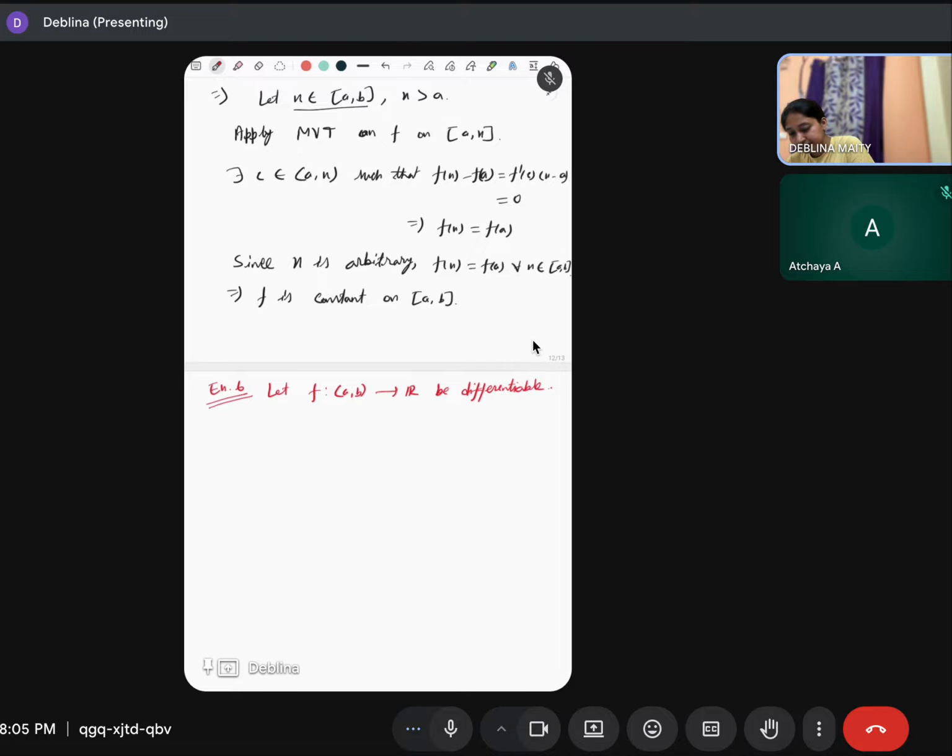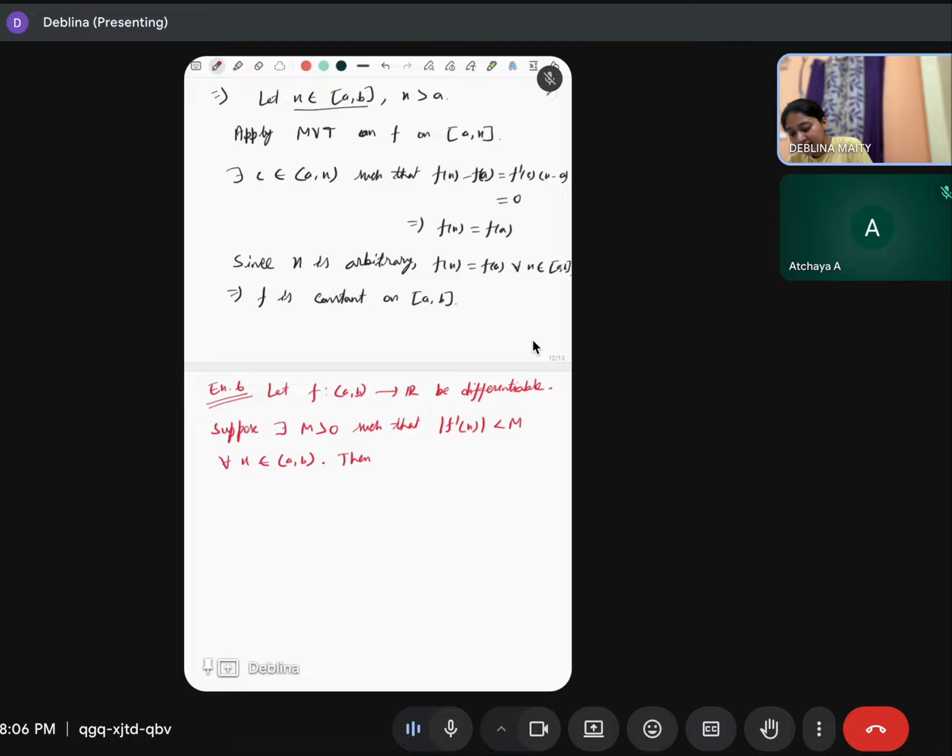Now suppose there exists m greater than 0 such that mod of f dash x is strictly less than m for all x in (a, b).